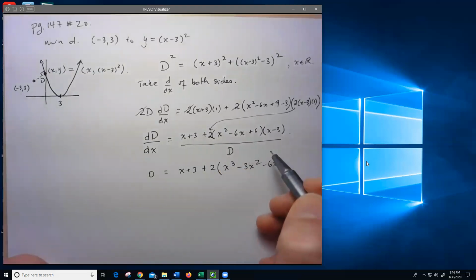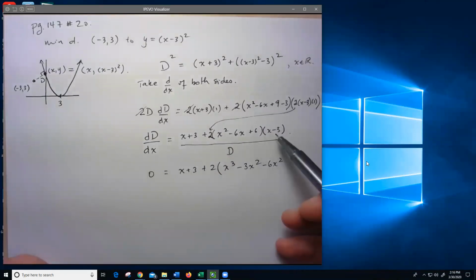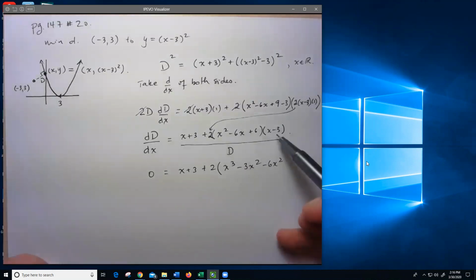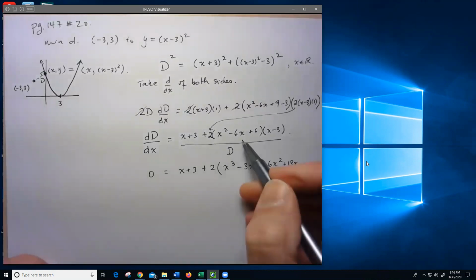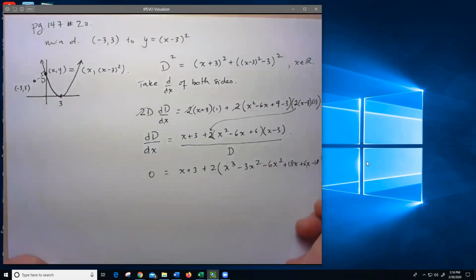Okay, then we have, what am I left with here? Sorry, I lost track here. My phone's buzzing. So x cubed minus 3x squared minus 6x squared plus 18x. Okay. And then we have plus 6x minus 18. Okay, does that look good?